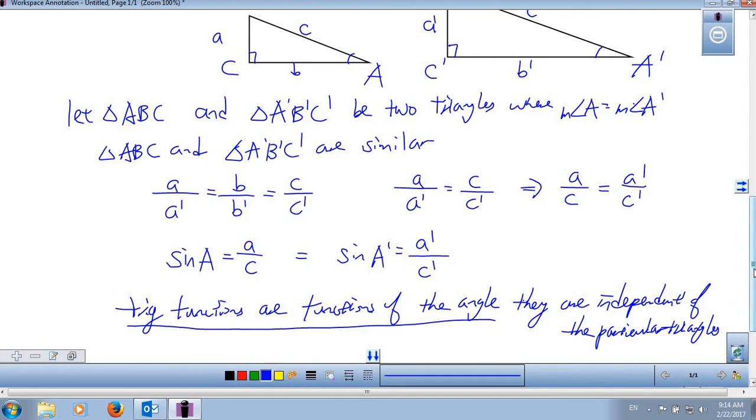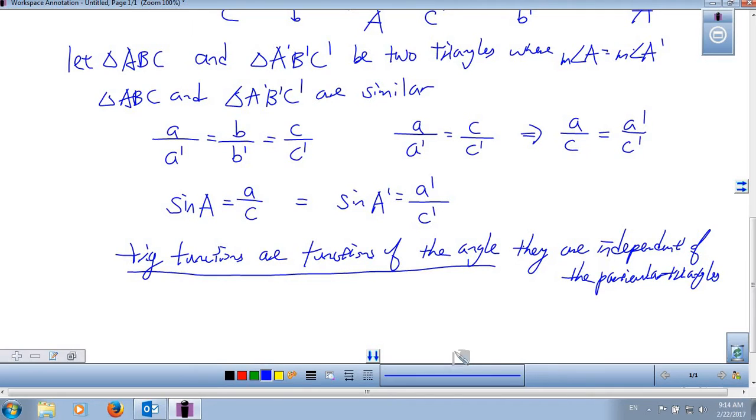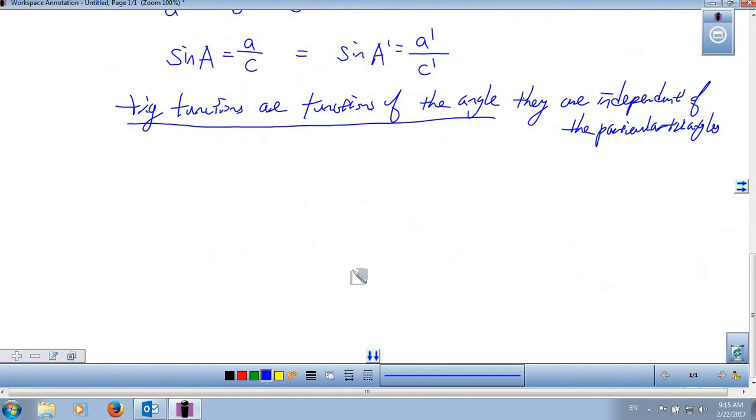And because trig functions just measure a ratio of sides, the particular side lengths don't really matter in that case. Okay, and so I've shown you that we can do this for every function, but I think that won't be necessary for now. All right.